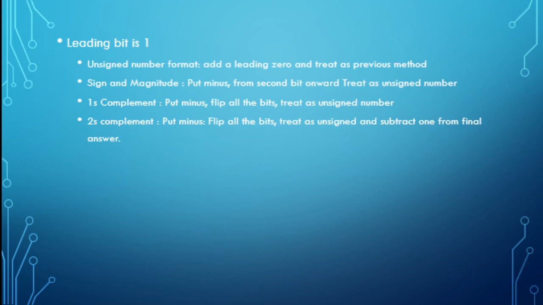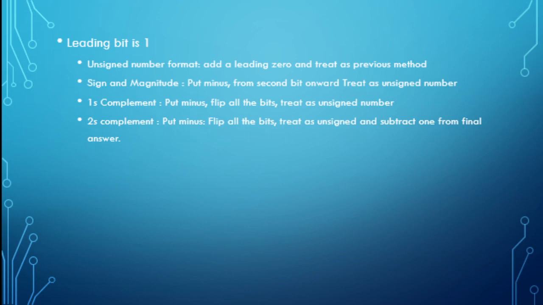On the other hand, if it's the sign and magnitude method and has a leading bit of 1, you need to put the minus sign at the front, and from the second bit onward, take the bits and treat them as an unsigned number. So the magnitude is taken from the second bit onward, and the sign is decided by the first bit, so we put the minus sign.